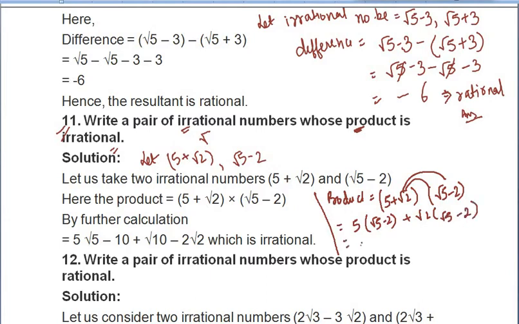So 5 into under root 2, 5 under root 5 minus 5 into 2, 10, plus under root 2 into under root 5 will become under root 10 minus under root 2 into 2 will become 2 under root 2. Nothing is here for addition or subtraction, so only this much is the answer. And as this answer consists of under root, that means it is an irrational number.